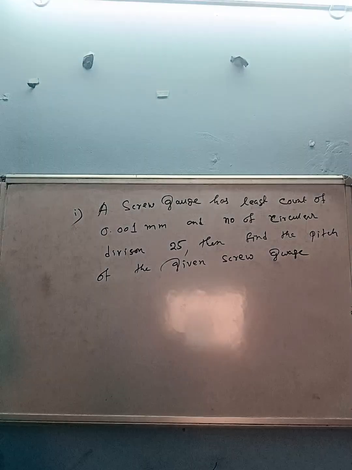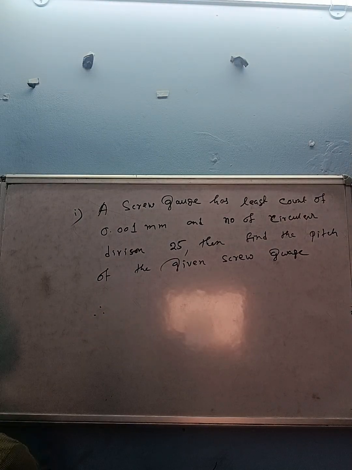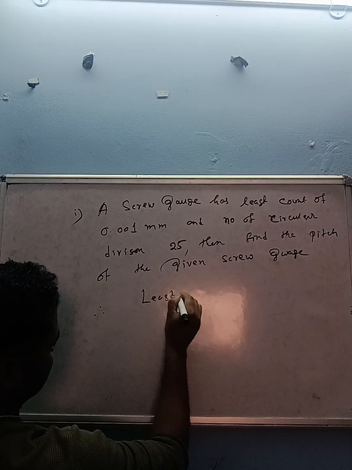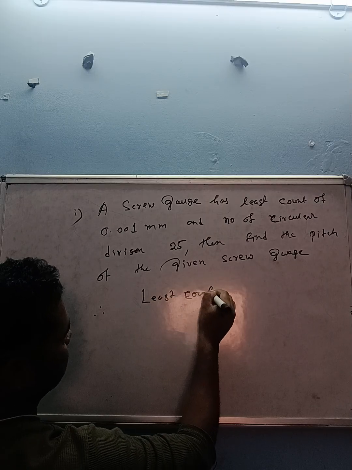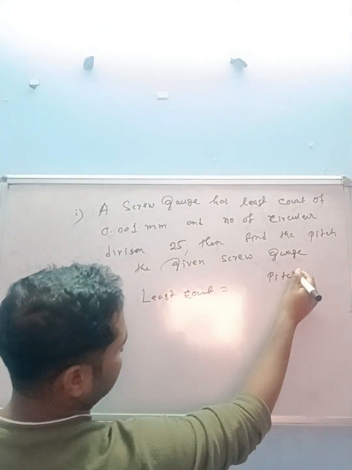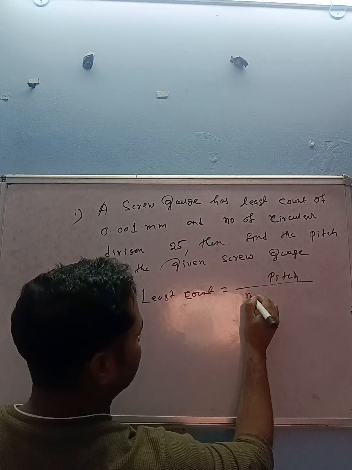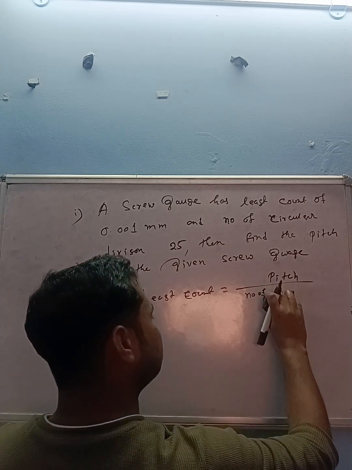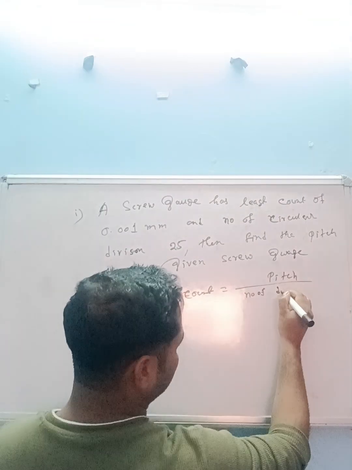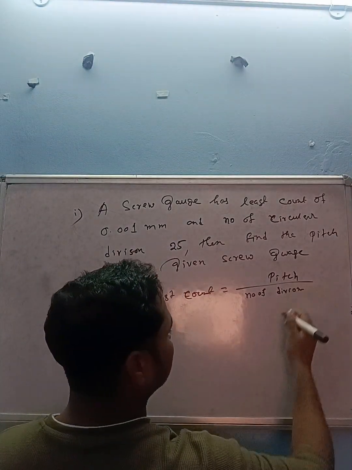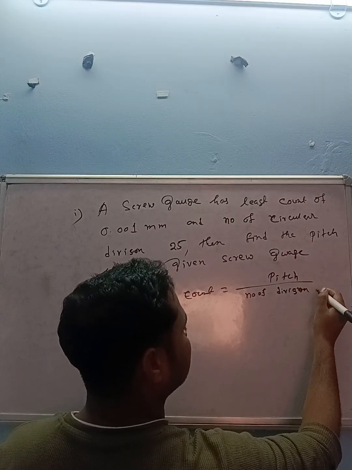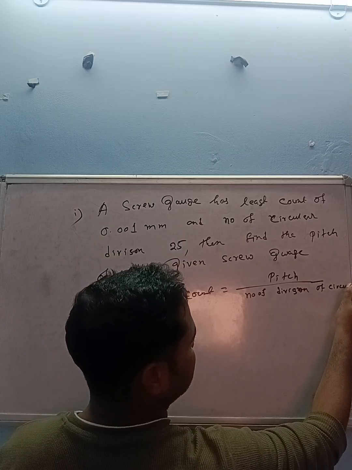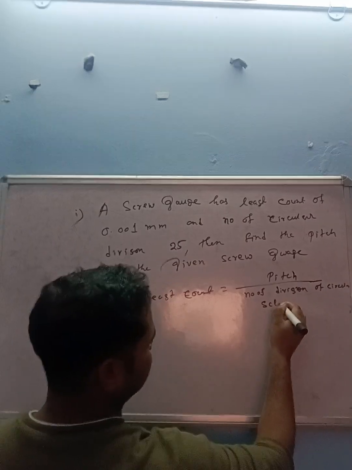Okay, so we know the formula of the screw gauge: least count equals pitch by number of divisions of the circular scale.